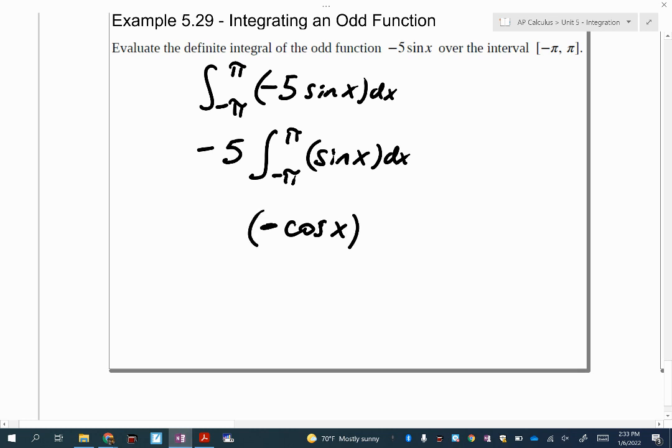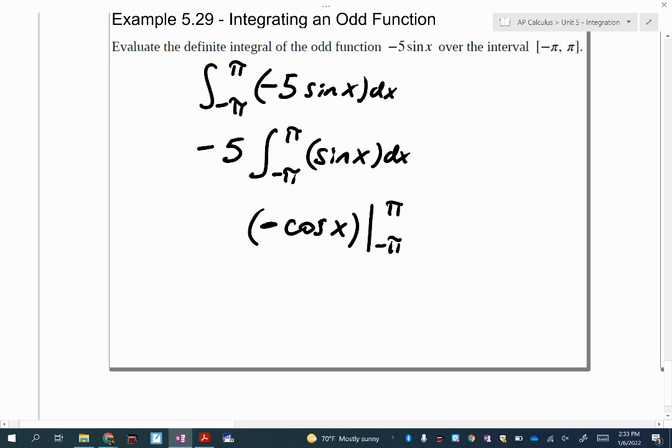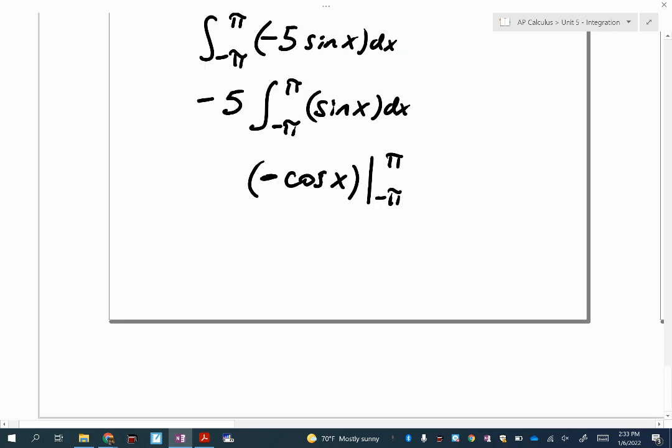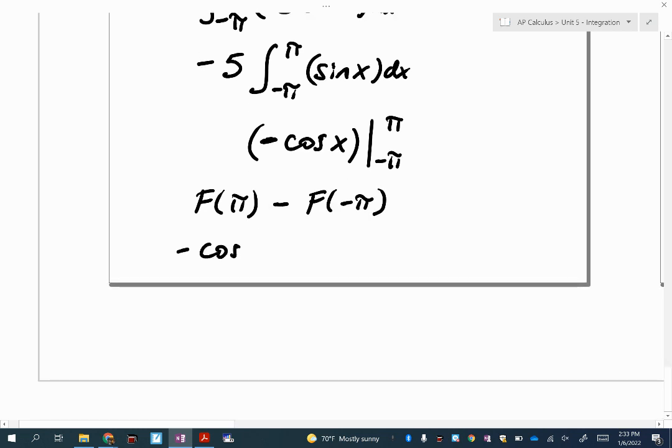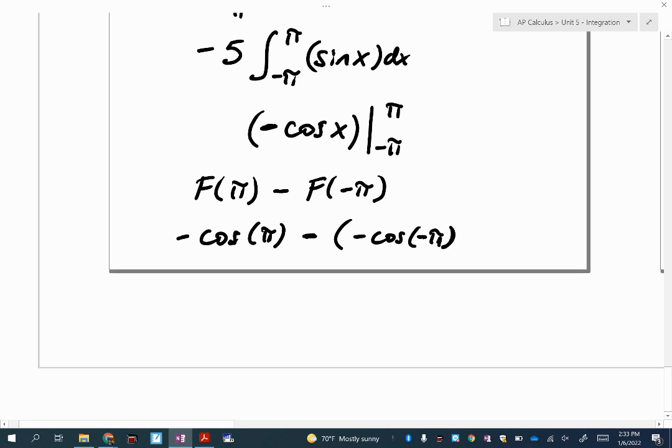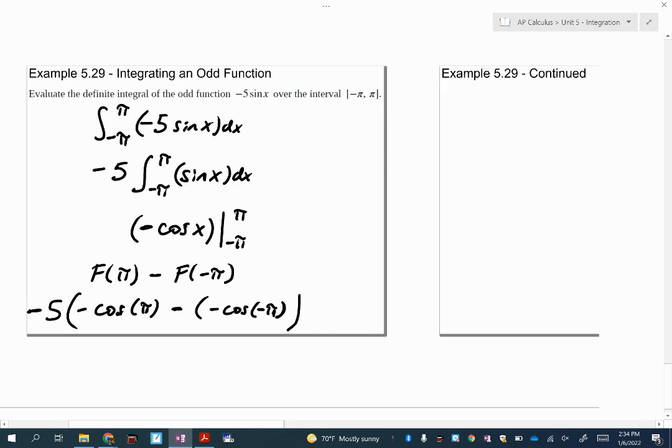So I'm going to use my antiderivative of negative cosine of x evaluated from -pi to pi. I do that by plugging in and doing f of pi minus f of -pi. So that means I have the opposite of the cosine of pi minus the opposite of the cosine of -pi. Again, that's not my answer because I am going to multiply it by -5 at the end.